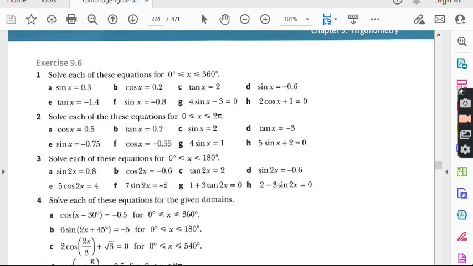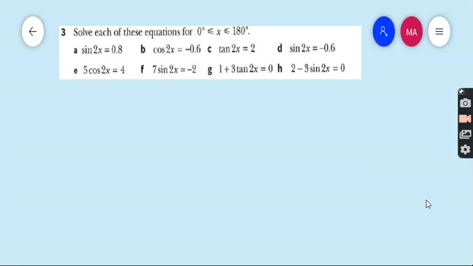Now let's start question number 3. Question number 3 is: solve each of these equations for 0 to 180 degrees. The domain is given for x.